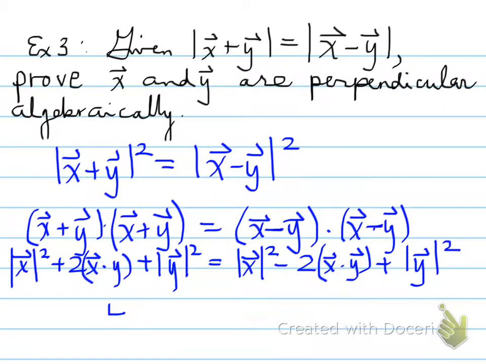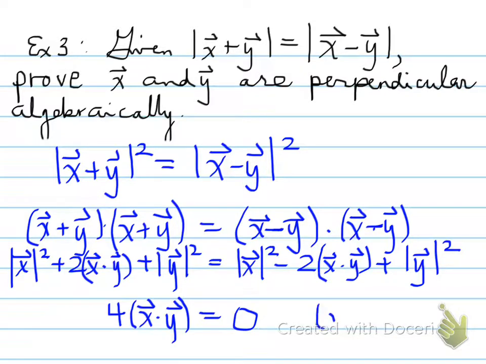Well, how does that help us? Well, folks, we get 4x dot y is equal to 0. Because when we look here, this x squared will cancel with this x squared, so they're gone. This y squared will cancel with this y squared, so that's gone. And we can move this to the other side so that we get 4 times x dot y, collecting like terms. On the other side, there's going to be 0.